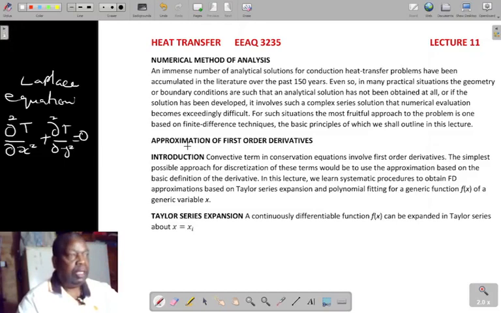The third example is the finite volume method, whereby the equations we handle are in integral form.